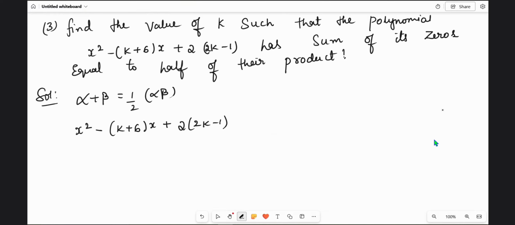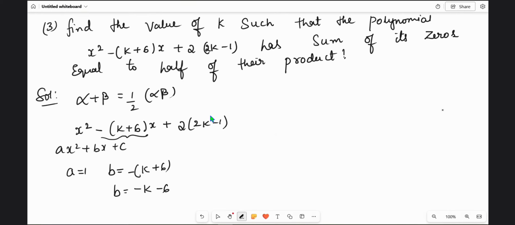Okay. So what will you get if you compare with ax square plus bx plus c? A is equal to 1. B is this whole thing, since it is multiplied with x, so minus of (k plus 6). So b is equal to minus k minus 6. What is c here? 2 into (2k minus 1). The whole thing is a constant.